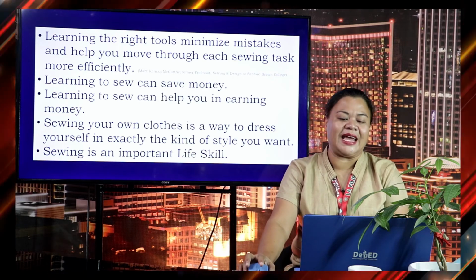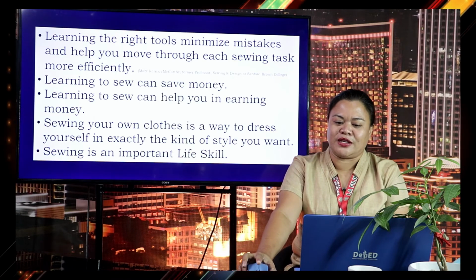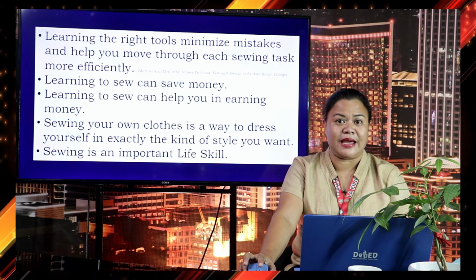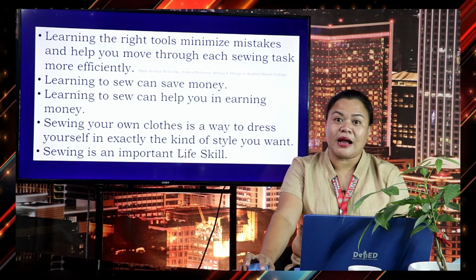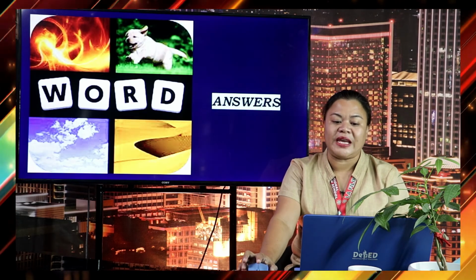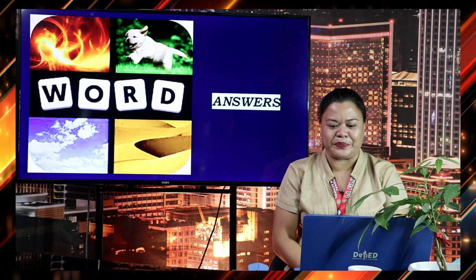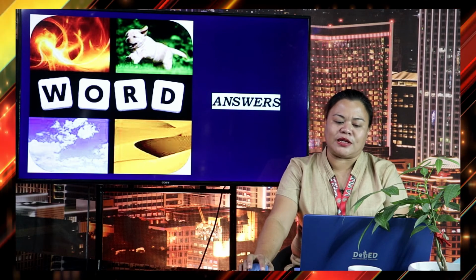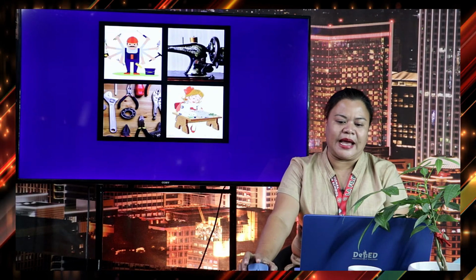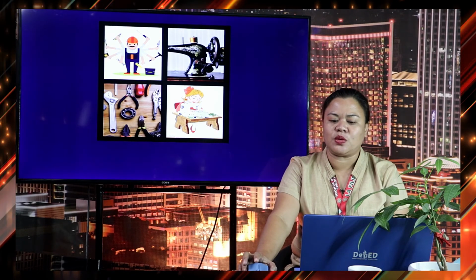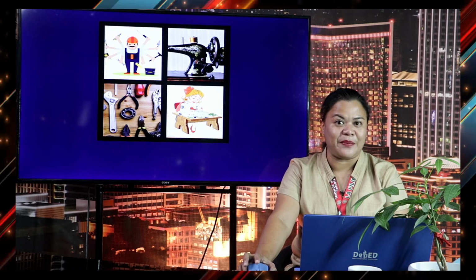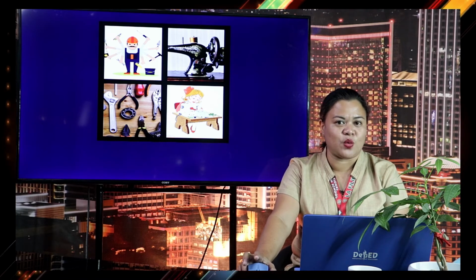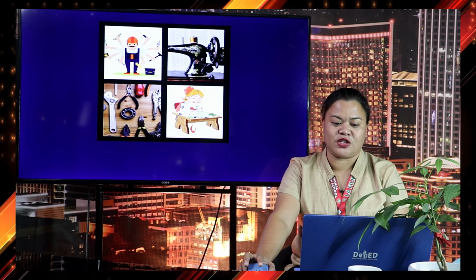Okay? Now that you already know about the different sewing tools and, of course, the importance, we are going to reveal the answer to the pre-test. Number 1: handyman, sewing machine, tools, dressmaker. What words fit with the theme of the pictures?